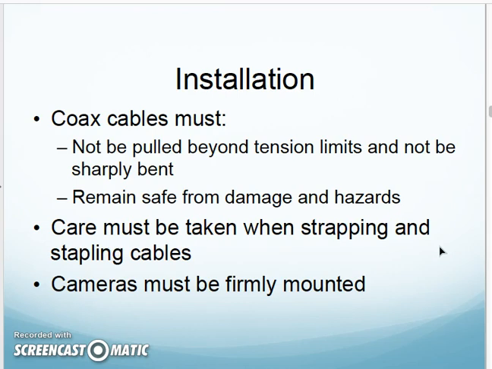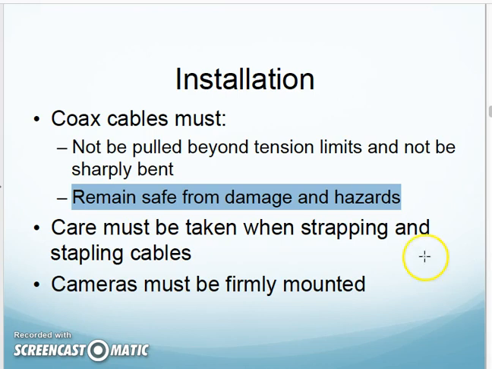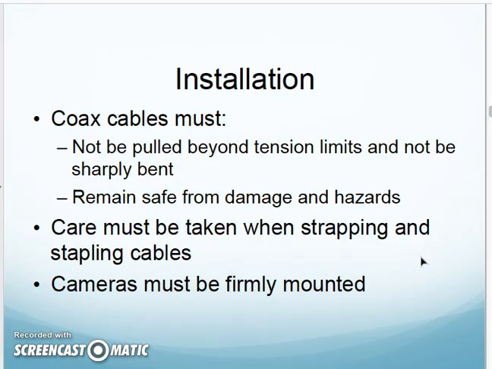And as these are routed through a building, going around corners, use nice gentle bends. Try to make a nice gentle arc going around the corner. We need to make sure the cabling stays away from any areas where the cable can be damaged, cut, bent, scraped, anything like that. Keep away from hazard areas.